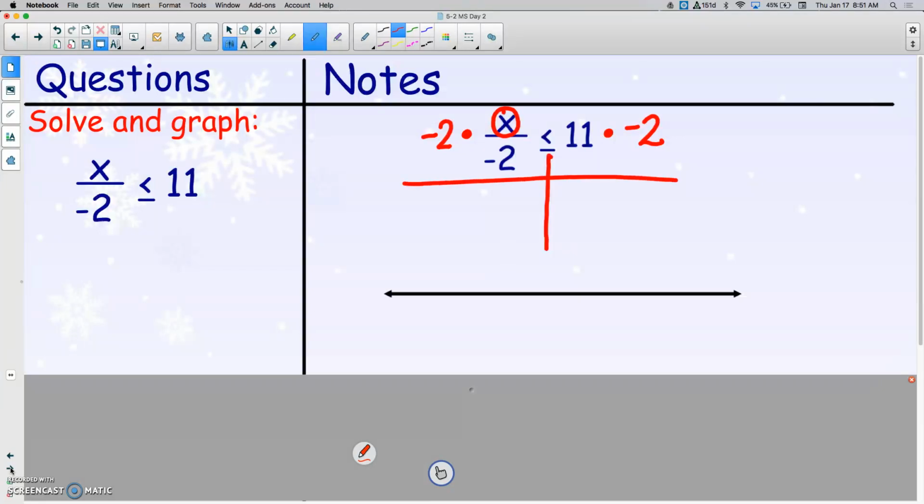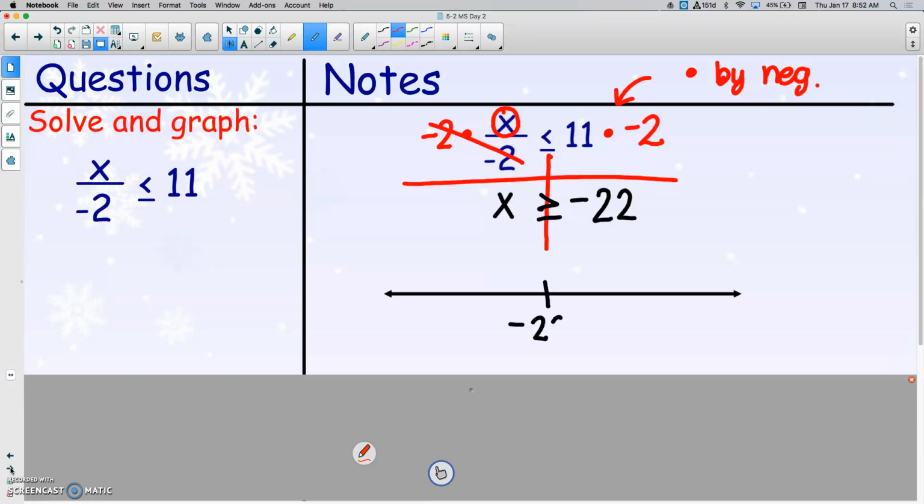Now, these -2's cancel out. Because I multiplied by a negative, I have to flip my symbol. So the inequality symbol changes. Bring down the variable x. 11 times -2 is -22.